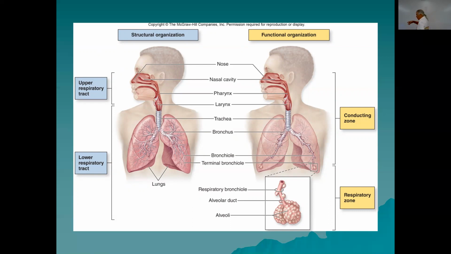Then the functional organization is the conducting zone, and that includes all of the upper respiratory tract and half of the lower respiratory tract, the whole bronchial tree up until respiratory bronchioles. And then when we get down to alveolar ducts and alveoli, here's the real respiratory zone where gas exchange occurs.